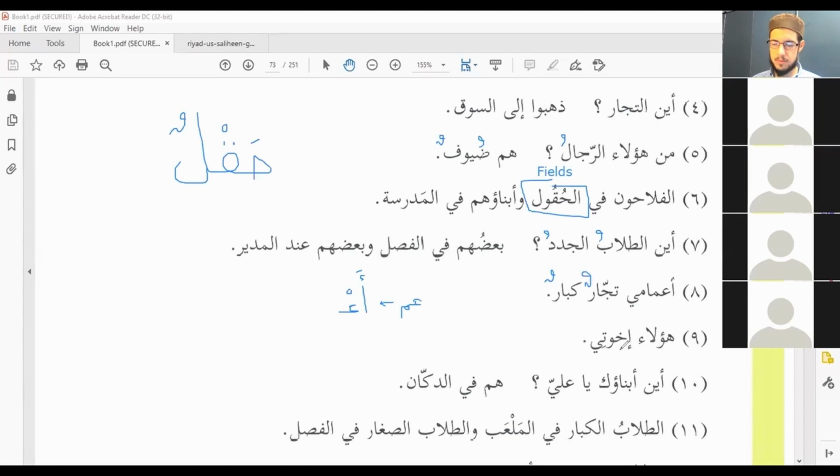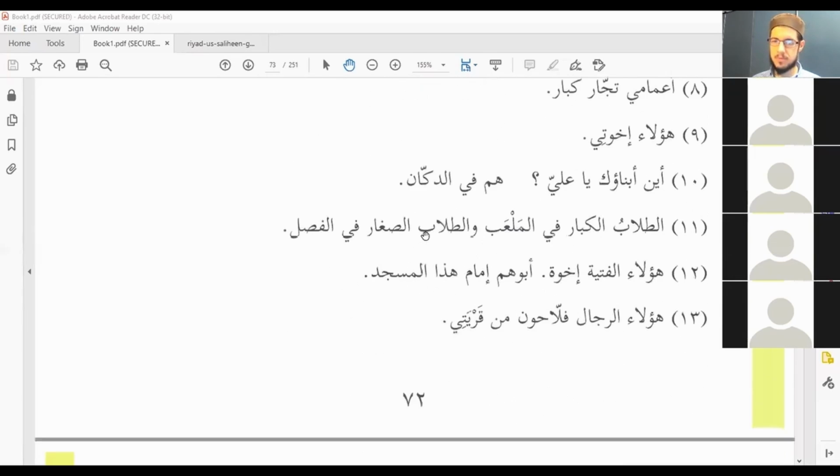هؤلاء إخوتي. These are my sisters. Ikhwati is sisters or brothers? What's the plural of akh and what's the plural of ukht? This is difficult. No one feel bad.